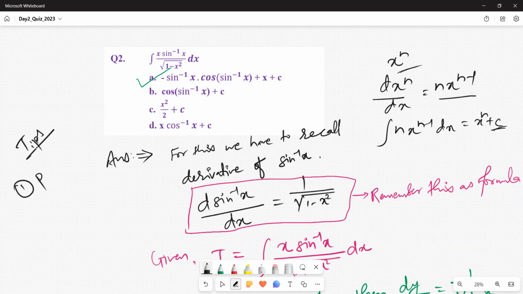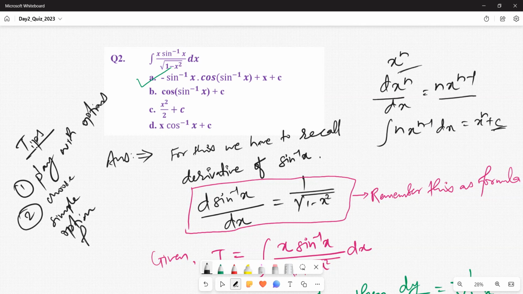First tip is play with options, right? Next tip is choose the simple option first, right? See, option number 1 is very complex, and though it may be the answer, don't start with this.